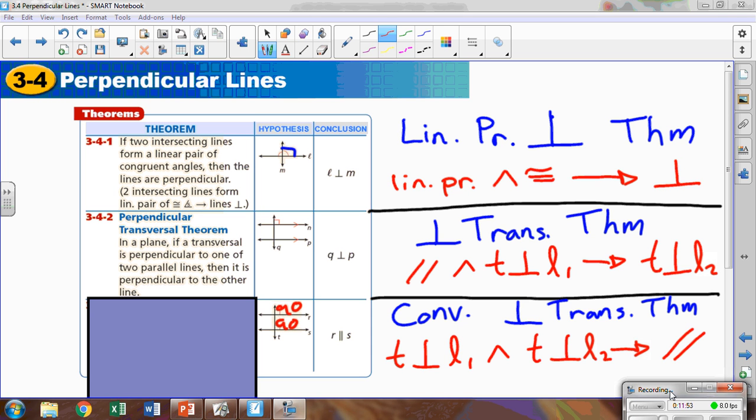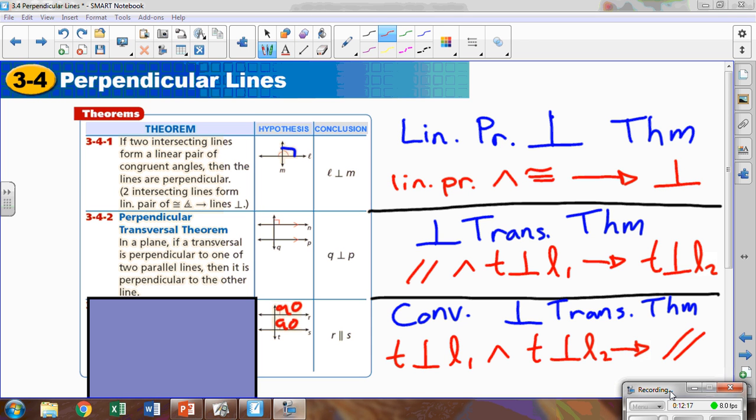Essentially, this just gives us 3 extra tools that we can now use. If we start encountering 90-degree angles, it will allow us to figure out specific parts for when something will equal 90. And this will also give us another tool for how we can claim something is parallel.